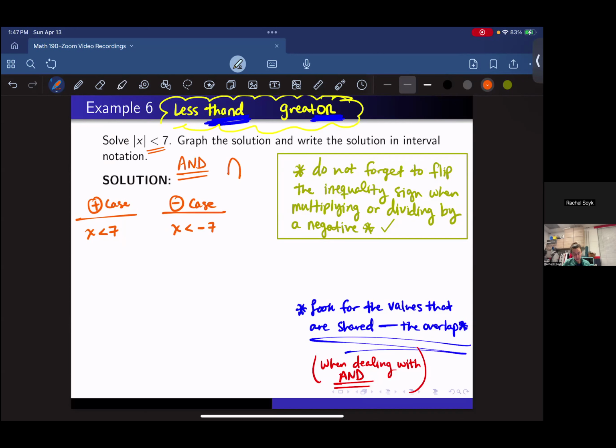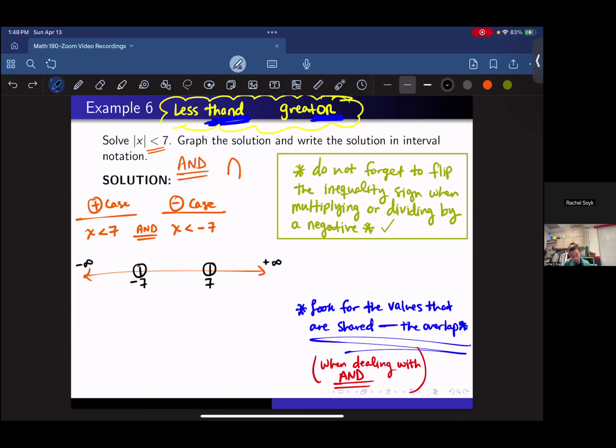All of the values that these two share, the overlap that is involved. And we can really clearly see it if we graph it on our number line. So we have a -7 and we have a +7. They're both open circles.